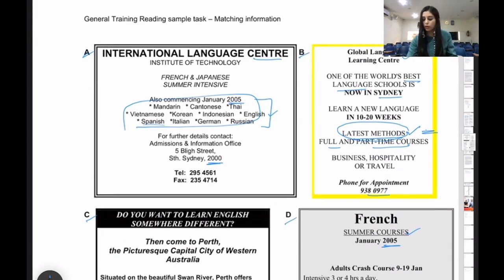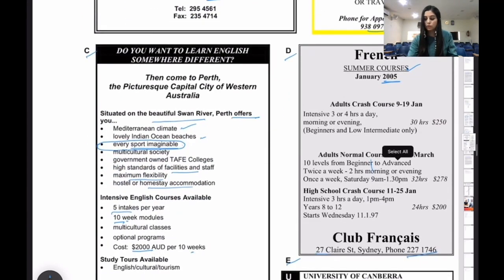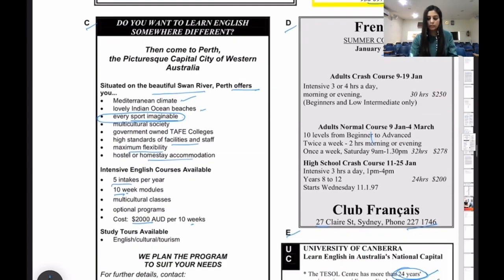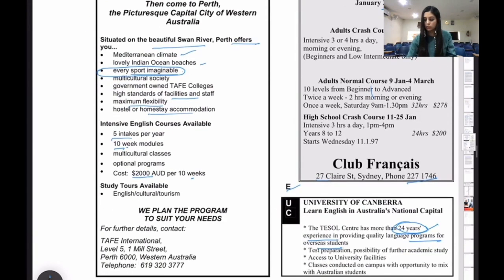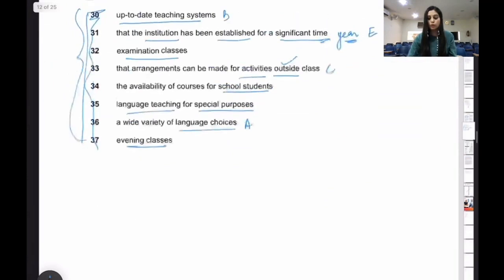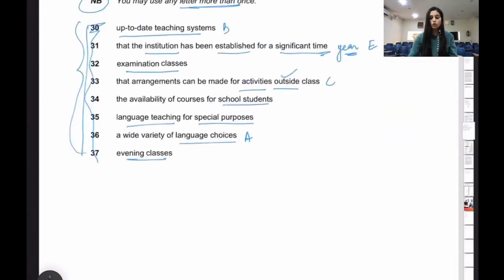Here it's just talking about learn new language. They're not mentioning which one. This is exclusively for French. This is learn English. This is again learn English. So it's just one language and not a variety of languages. So the answer to 36 is A.